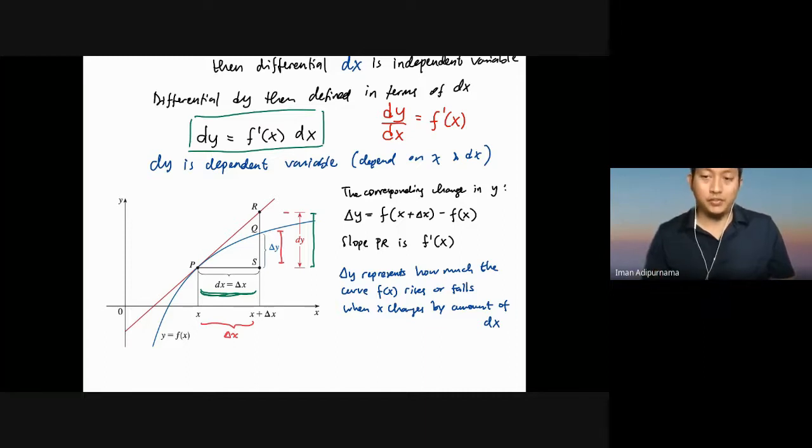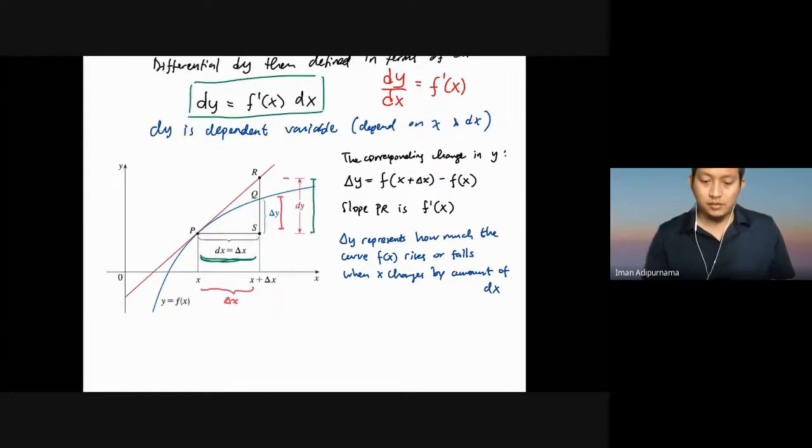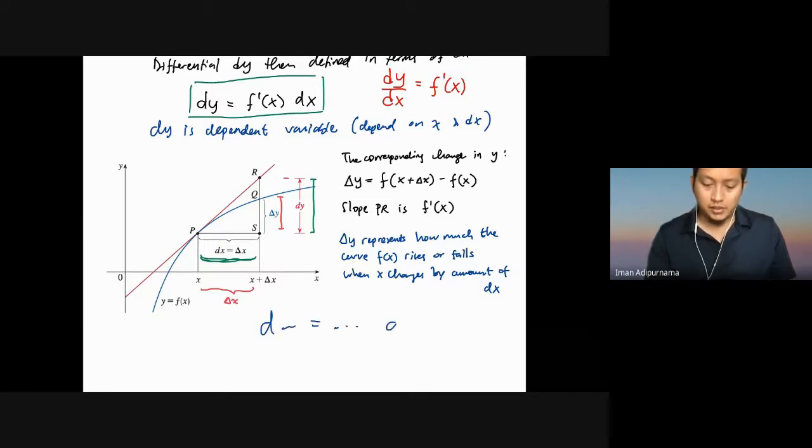But differentials can be applied to more general engineering. And whenever you find d-something over d-something in physics or chemistry, when they put the equation like that, this means these are differential equations.